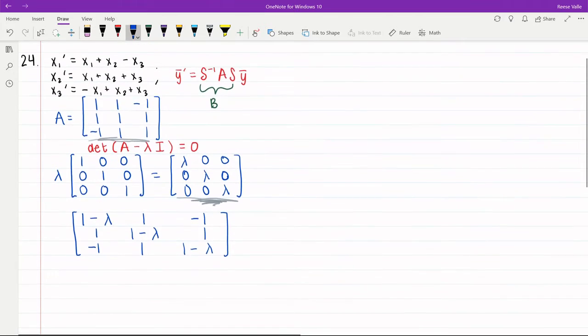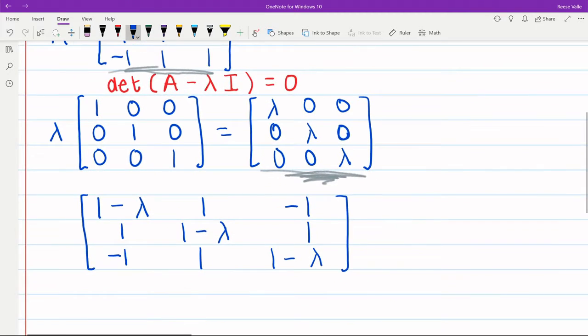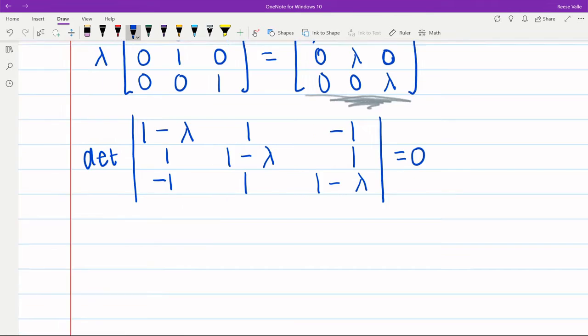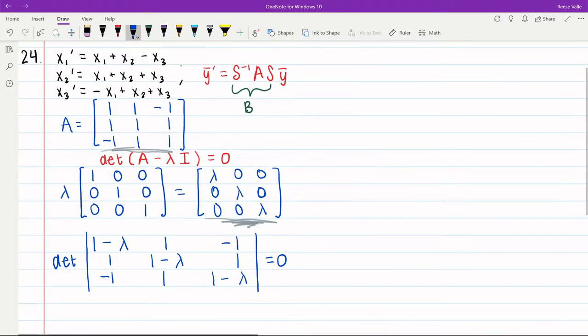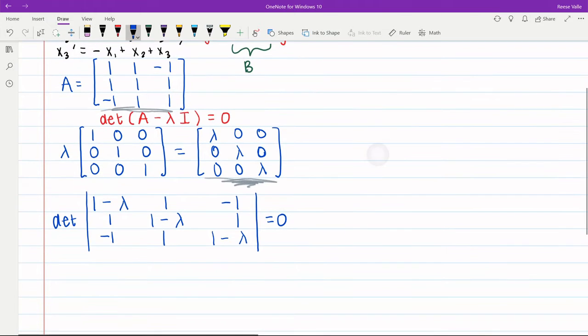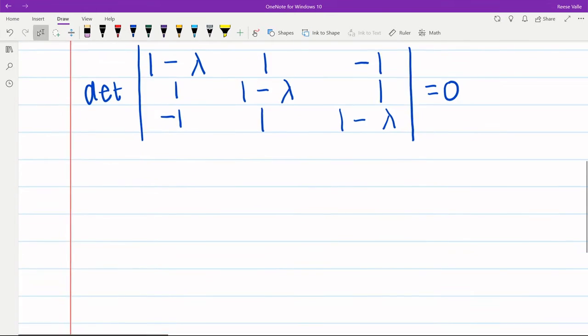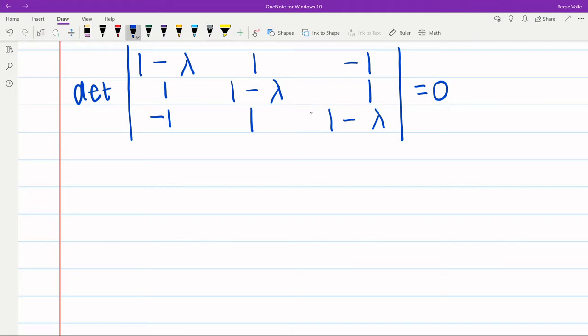Actually, we're going to make this like this, and then do that determinant right away, and it's going to be equal to 0. Let me just make sure that I wrote this down right so far. Okay.